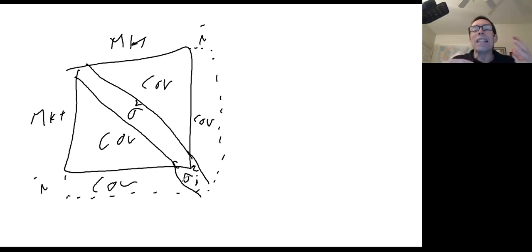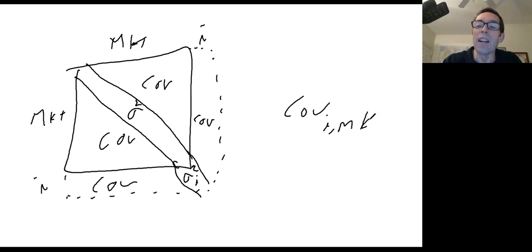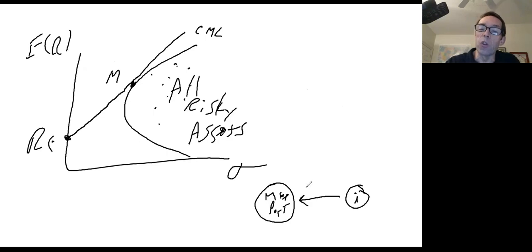It's so insignificantly small, we don't really worry about what is the variance of asset I. What matters to us is what is the covariance between asset I and the market. You see, if asset I has a high covariance with all these other stocks, or a high covariance with the market, then when we add asset I to the market portfolio, it's going to increase the standard deviation of the market portfolio.